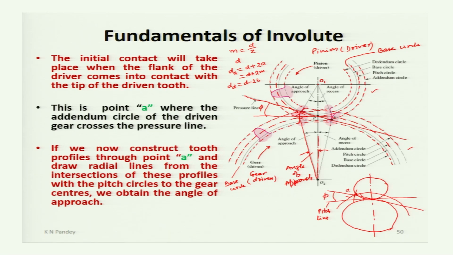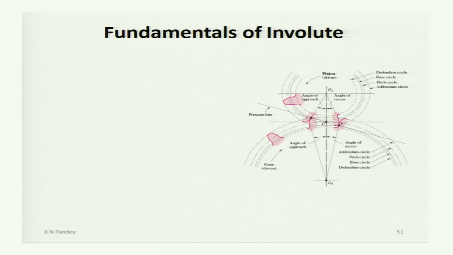If that point is joined with the center of rotation, then the angle between that line and the line joining the centers is called the angle of recess. So, that will be shown in the next figure.